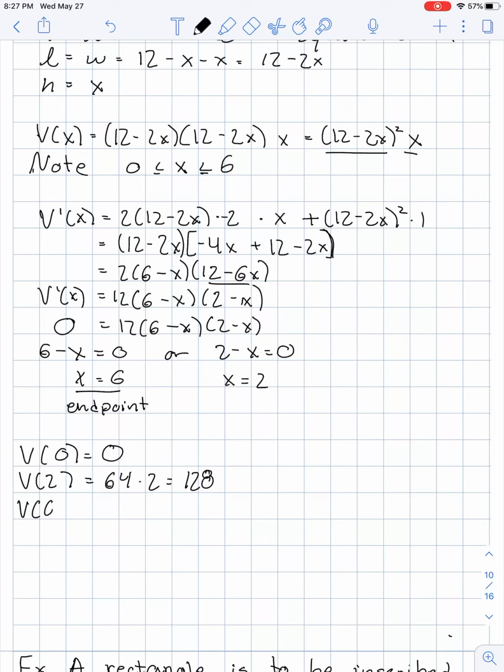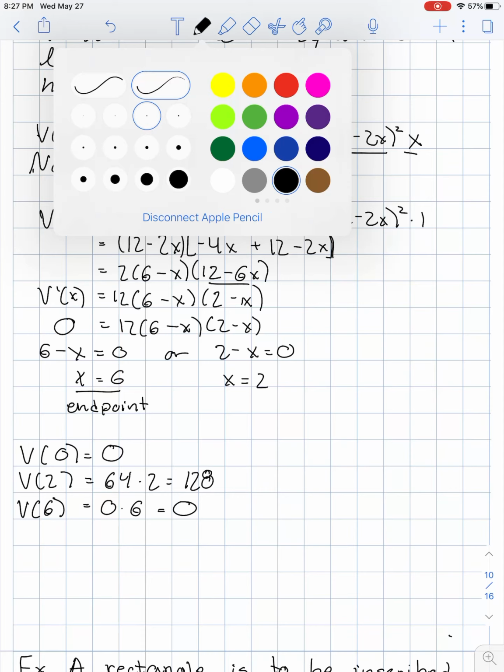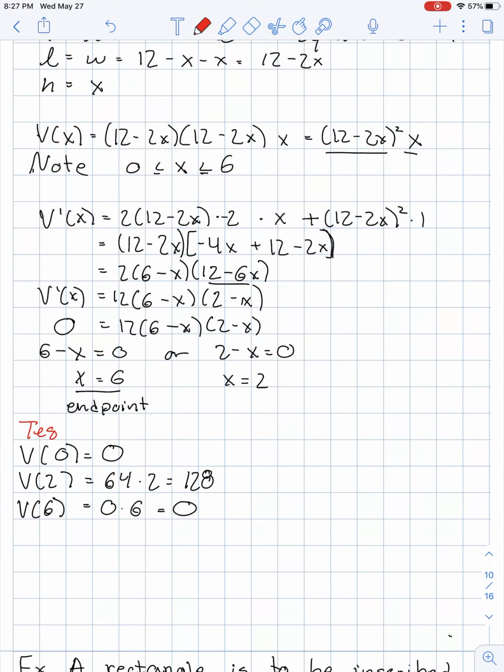And then V of 6 is 12 minus 12, 0 times 6 equals 0. Alrighty, so I think it's pretty clear that 128 is larger than 0.